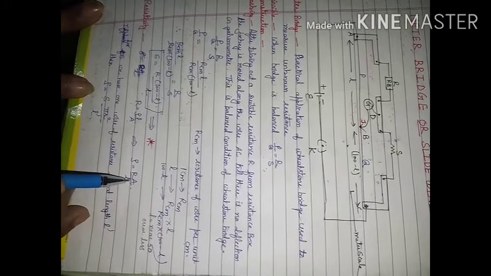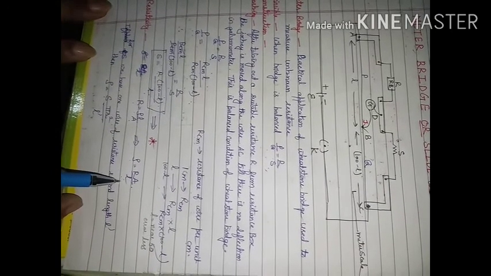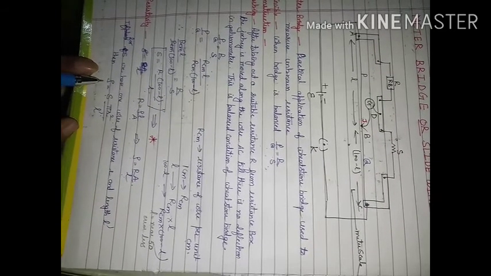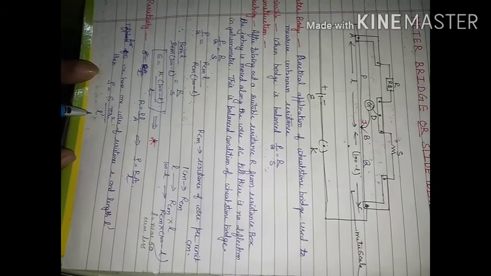So the area of the wire will be pi r square, and with the help of a scale you can measure the length of the wire. Let us consider this as L dash. So the resistivity of the material will be S pi r square divided by L dash.